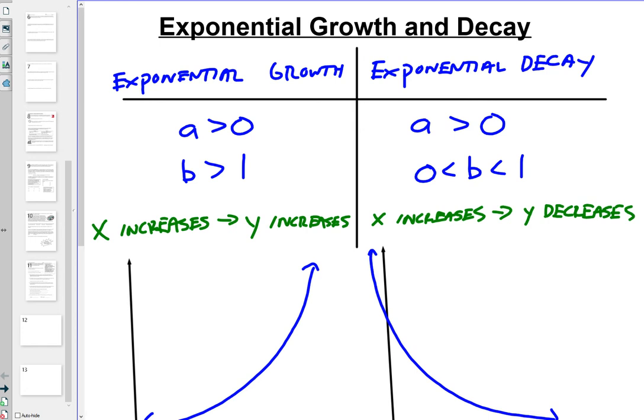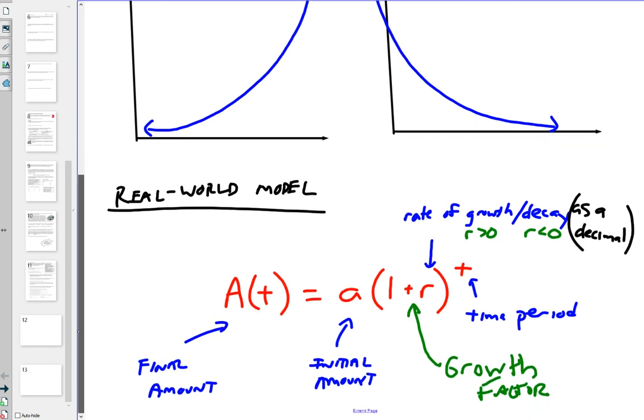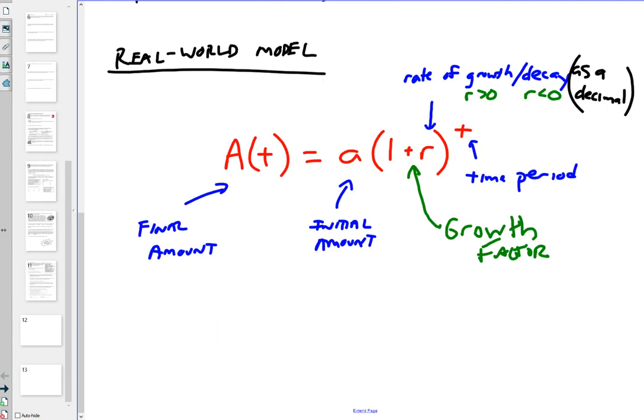So if you have a word problem that says that some amount is changing exponentially, we can apply what we know about growths and decays to a real world model. This is the real world model of a growth and decay. So I'd like to compare this. This is where I would tell you to write this in.